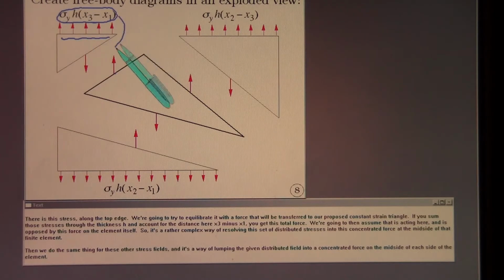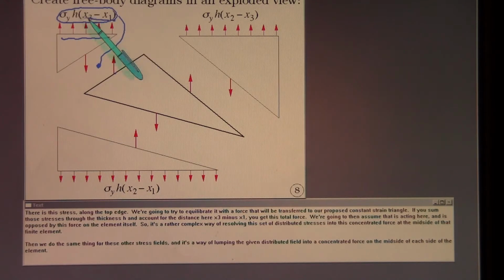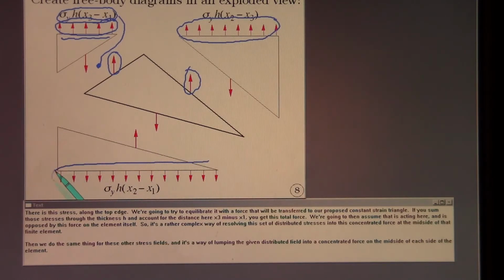We're going to then assume that that is acting here and is opposed by this force on the element itself. So it's a rather complex way of resolving this set of distributed stresses into this concentrated force at the mid-side of that finite element. Then we do the same thing for these other stress fields, and it's a way of lumping the given distributed field into a concentrated force on the mid-side of each side of the element.